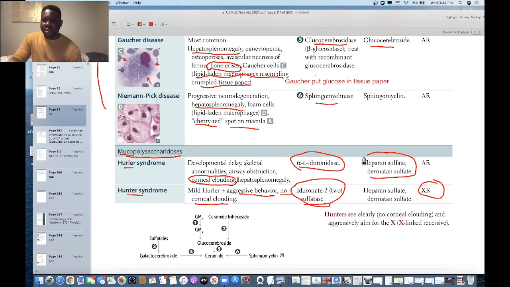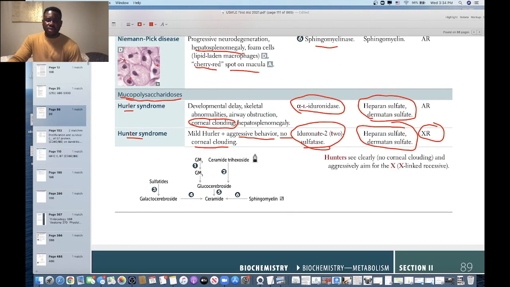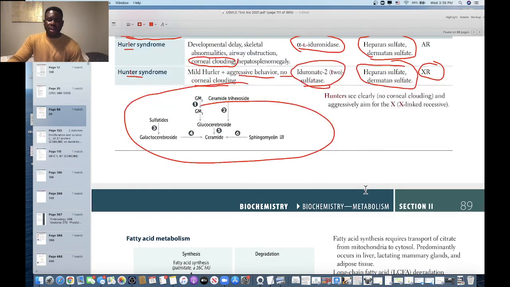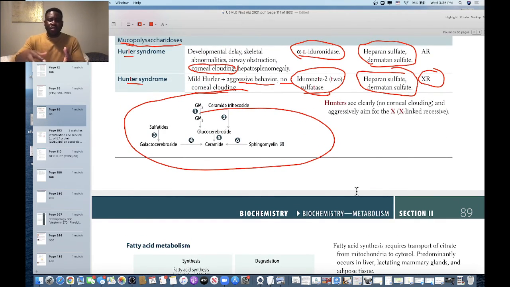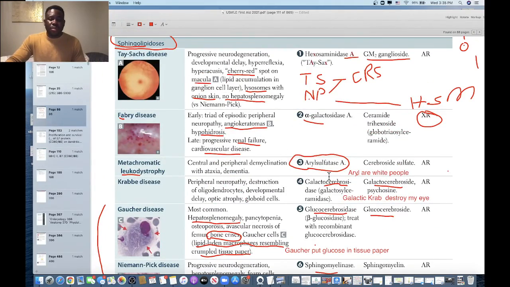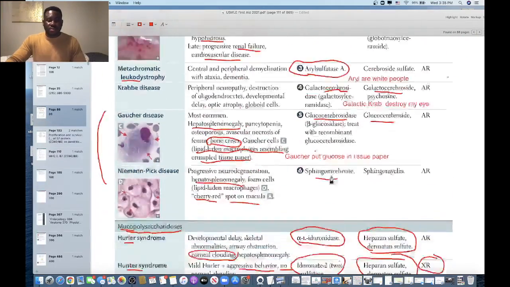They all have the same accumulation, heparan sulfate and dermatan sulfate. So this is very good. With all this, you don't need to memorize this chart, unless they bring you the table for you to fill in. But apart from that, with all this we've just done, you should be able to remember this.